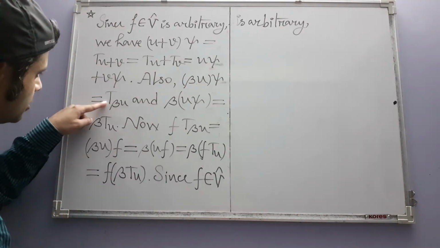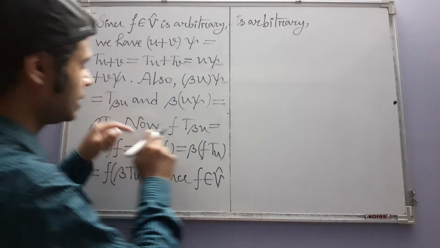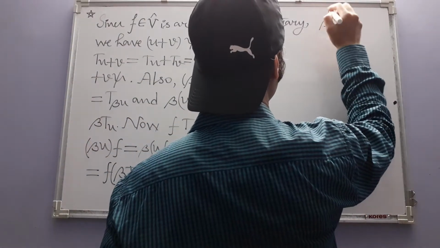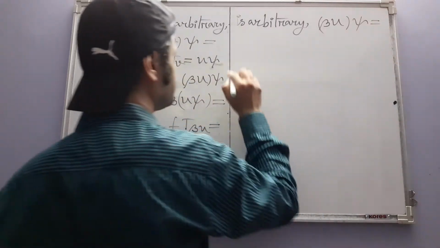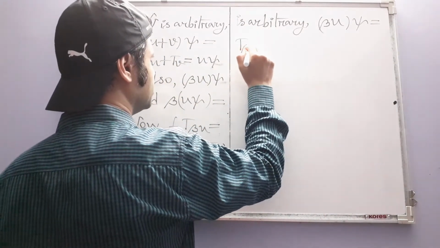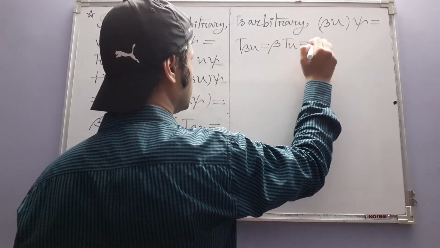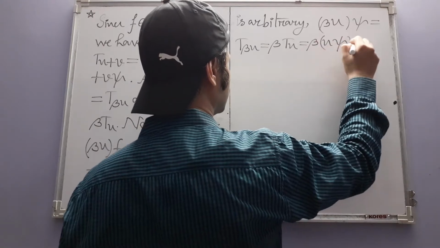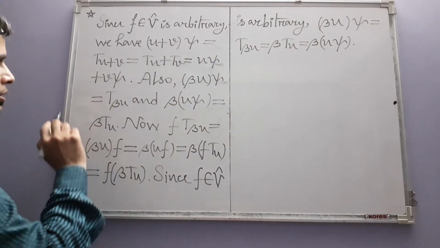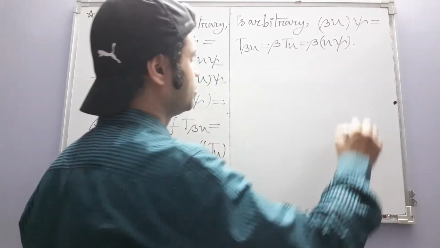Two functions means T beta u and beta times T u are identical. In other words, beta u psi, which is T beta u, is equal to beta times T u, that is equal to beta times u psi. So u not only respects addition, it also respects multiplication by scalars.